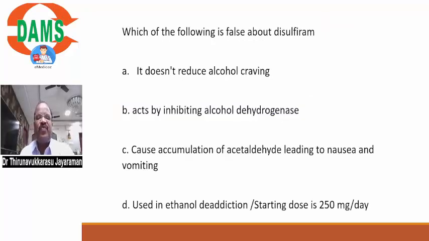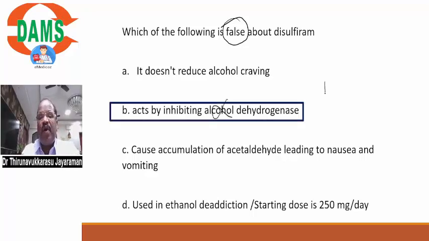Which of the following is false about disulfiram? This is also a common question. I think one year back the same question came in the INICET paper. It does not reduce craving? No, it will reduce craving. It acts by inhibiting alcohol? No, no, no. This is the wrong answer. It acts by inhibiting aldehyde dehydrogenase and causes accumulation of acetaldehyde leading to nausea, vomiting.